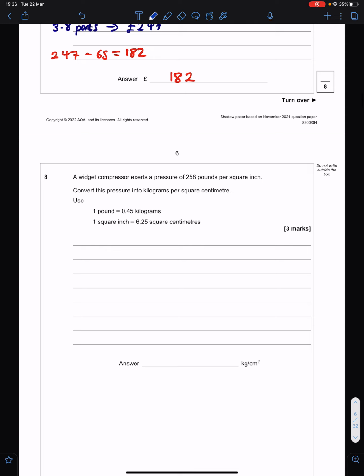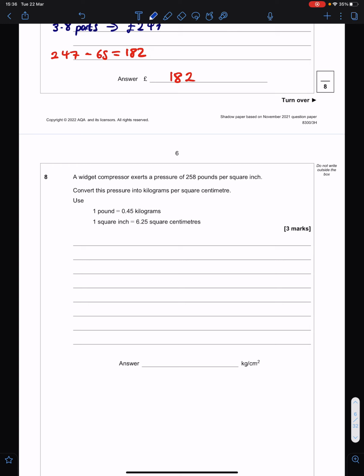Next, a widget compressor exerts a pressure of 258 pounds per square inch. Convert this pressure into kilograms per square meter. Okay, well, so the pressure is 258 pounds per inch squared. Convert this into kilograms per square centimeter.